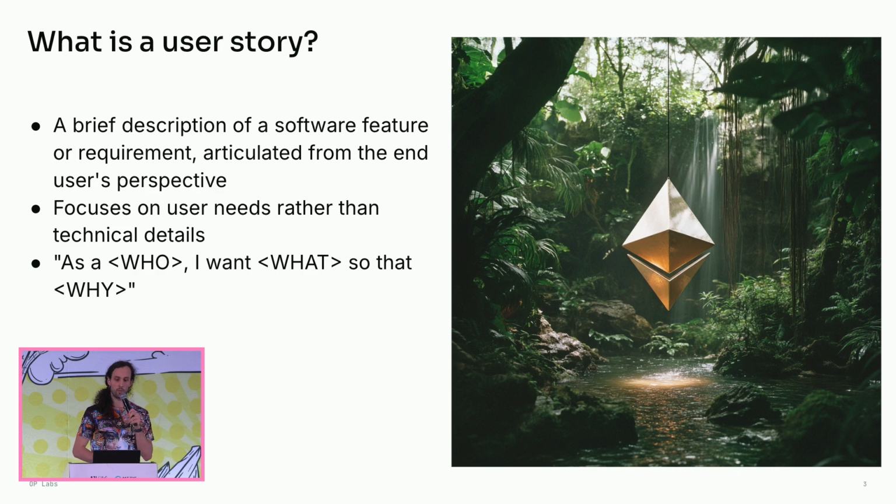So how do we formulate a user story? As a who, I want what, so that why. This is a very simple template for how to make a user story. And doing this will help to make sure that the technologies that you're working on are framed in solving problems for end users and not just an interesting idea to work on.